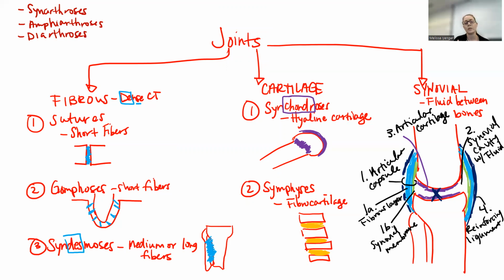Okay, so these movements will correspond to these joints based on tissue type. This is a much harder concept to grasp because it varies a lot. But you can come in and you can see where the diarthroses are going to be. So synovial joints are diarthroses. You have to know that one.